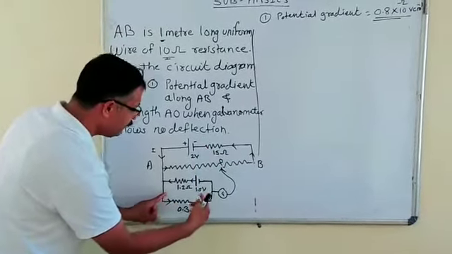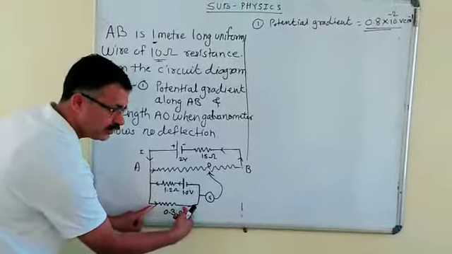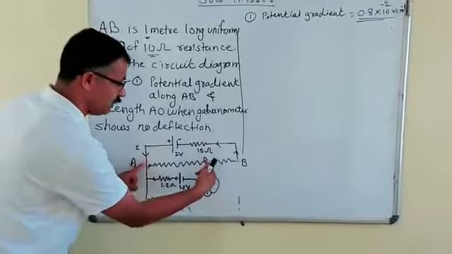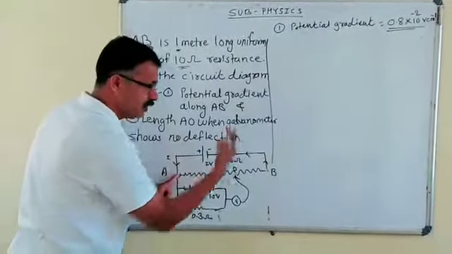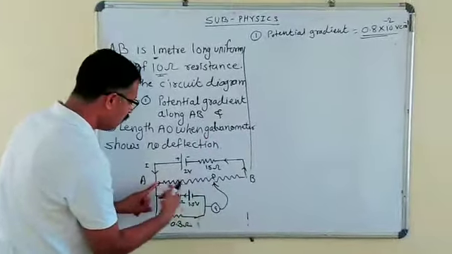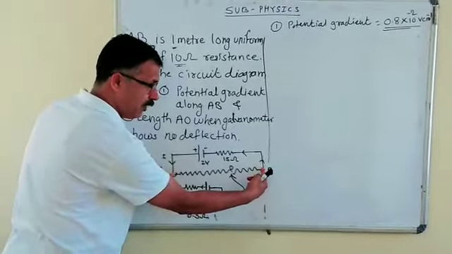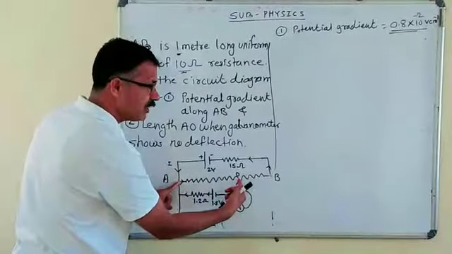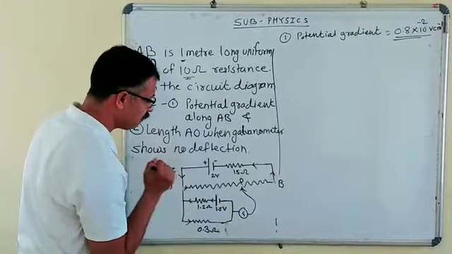Friends, first we will determine the potential difference across this 0.3 ohm resistance. Then the same potential difference is across AO. Already we are familiar with the potential gradient. Now for the AB length we have the value 0.8 volt, but from that we are unable to determine the length directly.